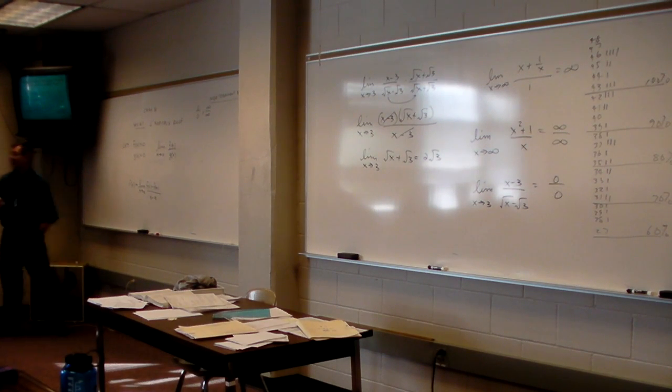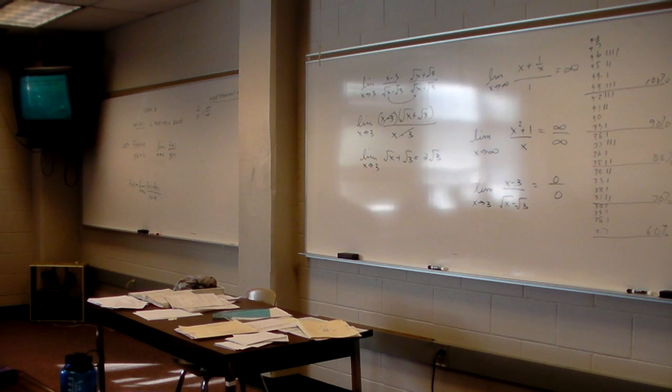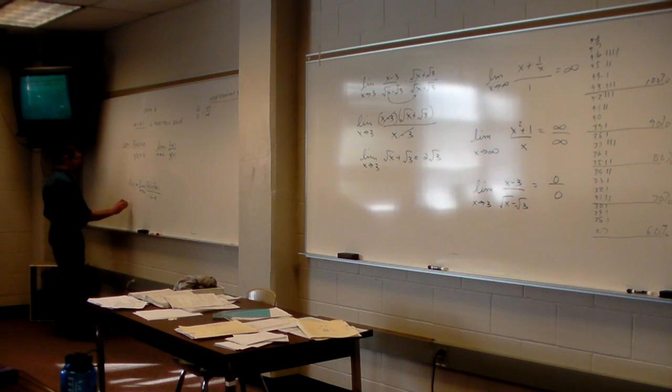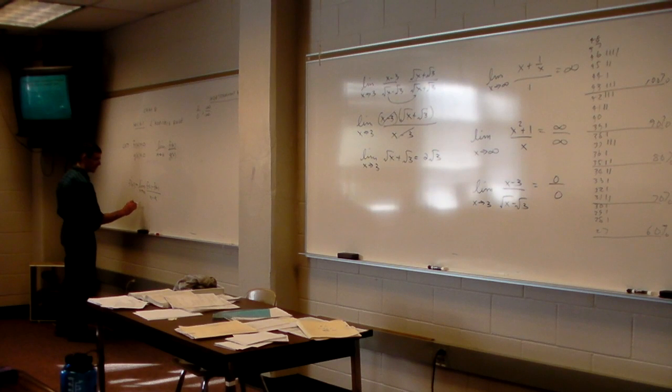There's two definitions. One involved h's and then the other involved letters like this. What's g prime? The limit as x approaches a of g of x minus g of a over x minus a.